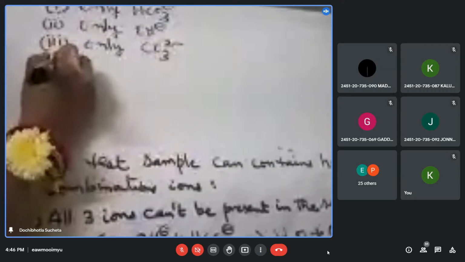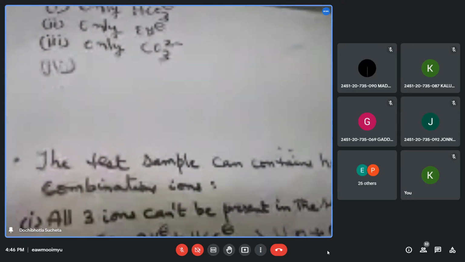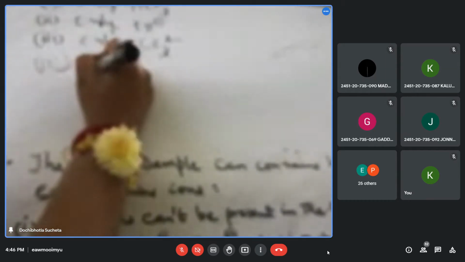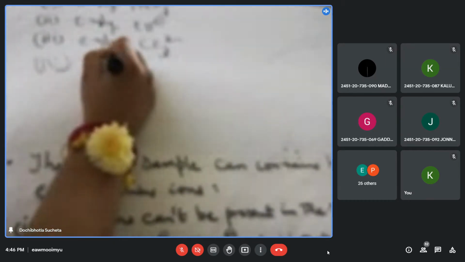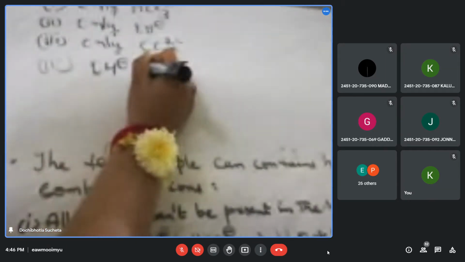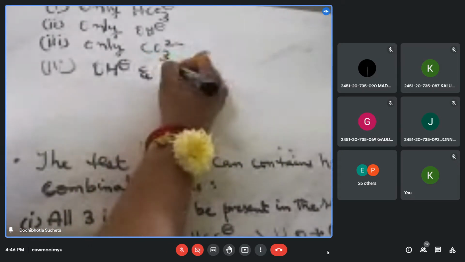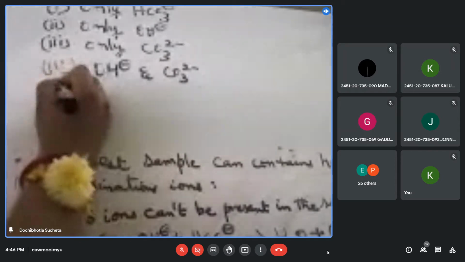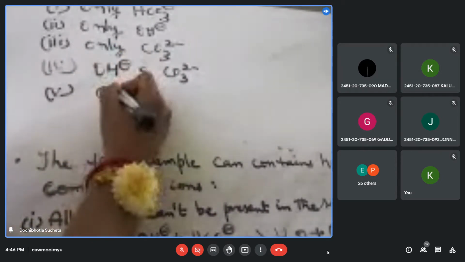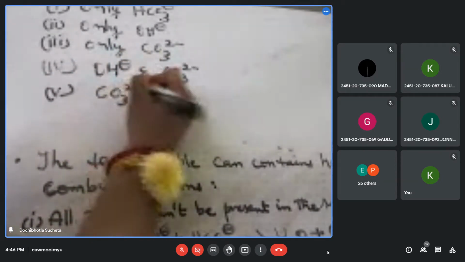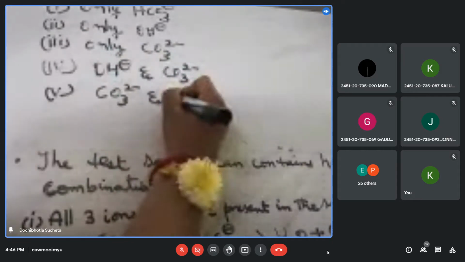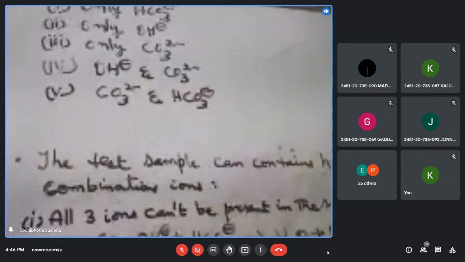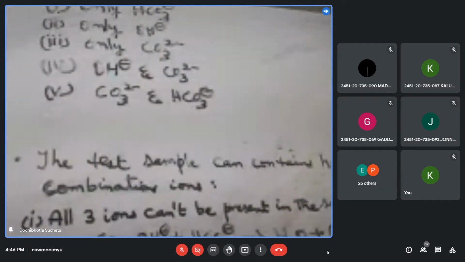The fourth option is OH minus and CO3 2 minus. And the fifth one is CO3 2 minus and HCO3 minus. Okay. These are the five combinations that are possible.